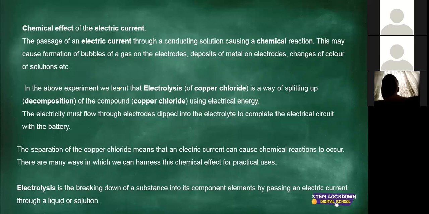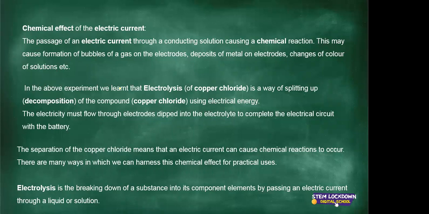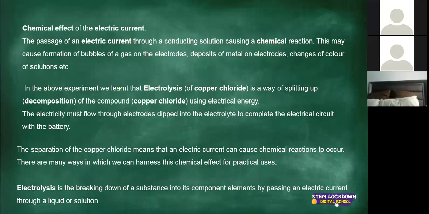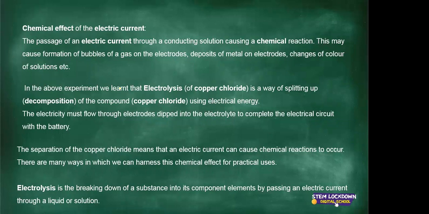So in the above experiment, we learned that electrolysis of copper chloride is a way of splitting up. Now, another word for splitting up, or a fancy word, is decomposition. So it decomposes, it breaks it down. So it's a decomposition of compounds, copper chloride, using electrical energy.